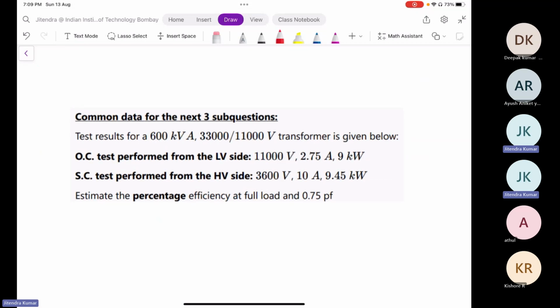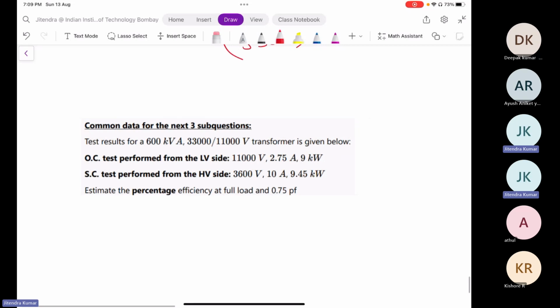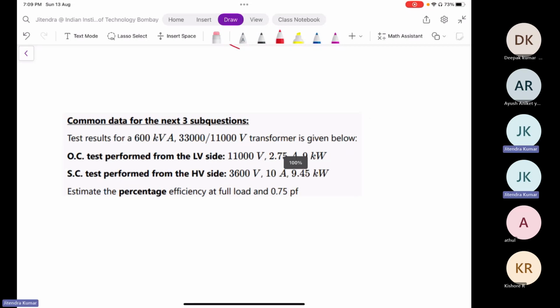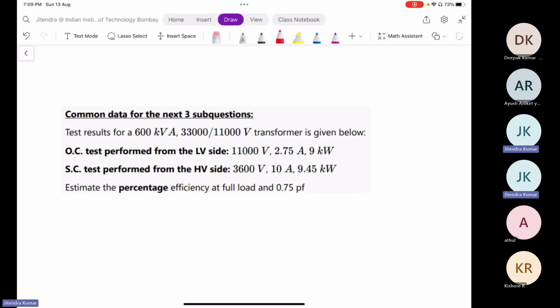Since I told I am leaving today early because I have had fever for the past couple of days, so I am not good. So that's why I am leaving early today. You could identify it from my voice also. So just go through this problem, and I hope you will be good with all the SC test, OC test, and efficiency things, right? Yes, sir.